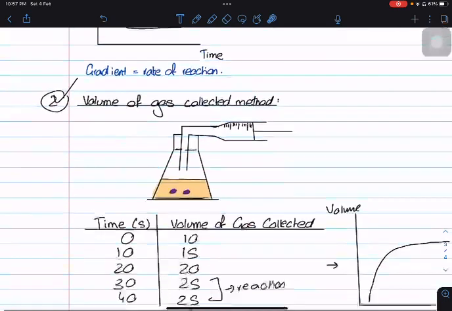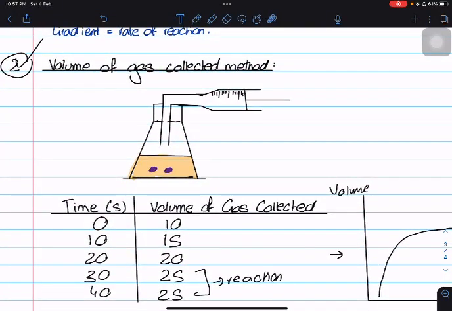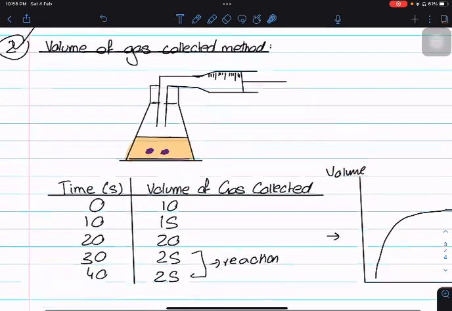Now, the second method is the volume of gas collected. Again, you'll need two reactants which would make a gas, and you'd start the timer when they start reacting, and you would begin to plot the amount of gas collected.